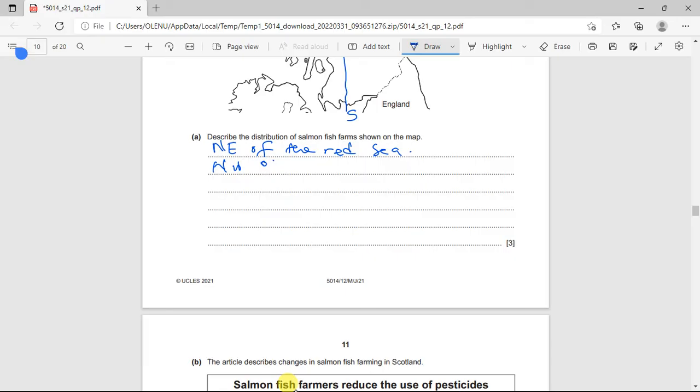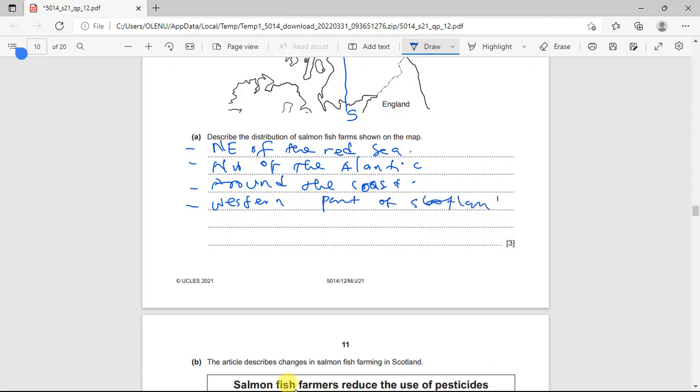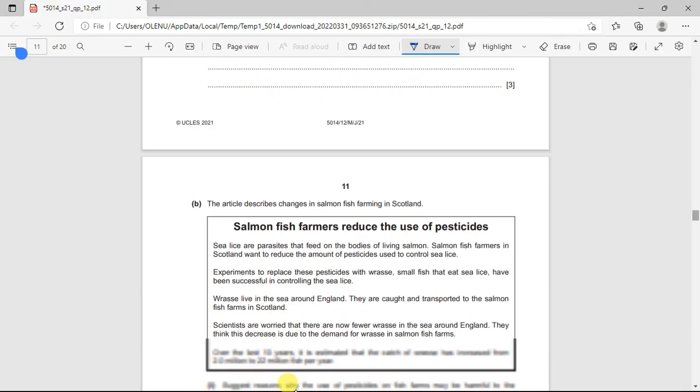Remember, I've already stated that it's found around the coast. Another thing I stated is that it's also found in the western part of Scotland. That's it. That gives you your 3 marks.